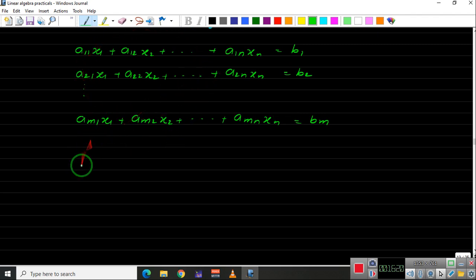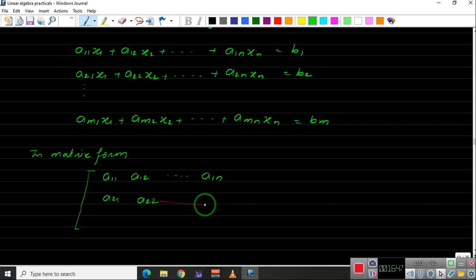How? There is something called the coefficient matrix, the matrix for the unknowns, and then the matrix for these bi's. So let me write this in matrix form. We can write this as one matrix, say a11, a12, up to a1n, a21, a22, up to a2n, am1, am2, up to amn.